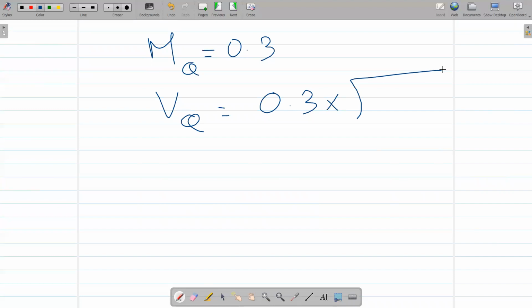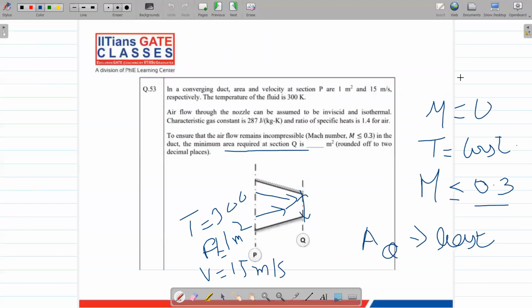So my target is to achieve Mach number at location Q to be 0.3, and I can find the velocity required at location Q by multiplying it with root of gamma R T. And since it is an isothermal flow, at both P and Q the temperature is going to be 300 Kelvin.